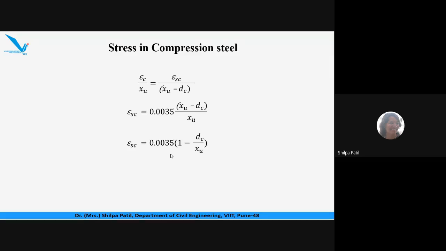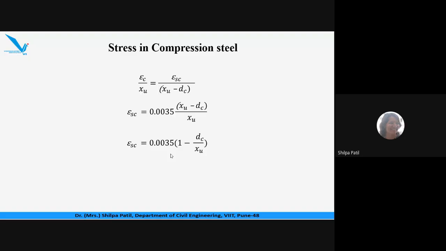Now, the expression for strain consists of the xu term, and based on the strain we have to find out the stress. Again, as I explained about Hooke's law, stress upon strain is equal to constant.